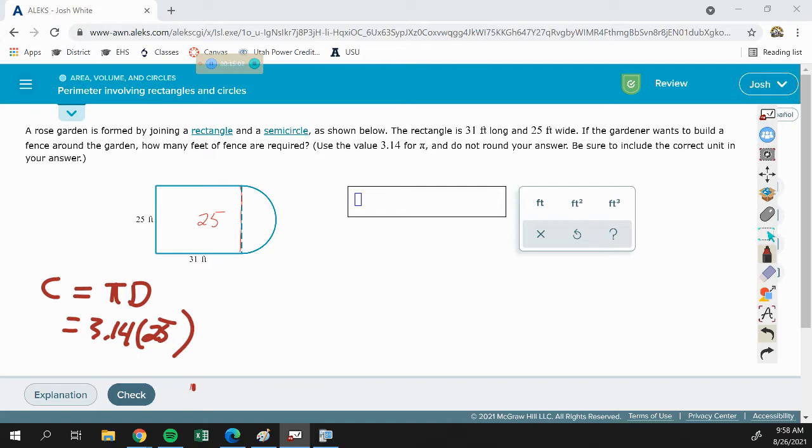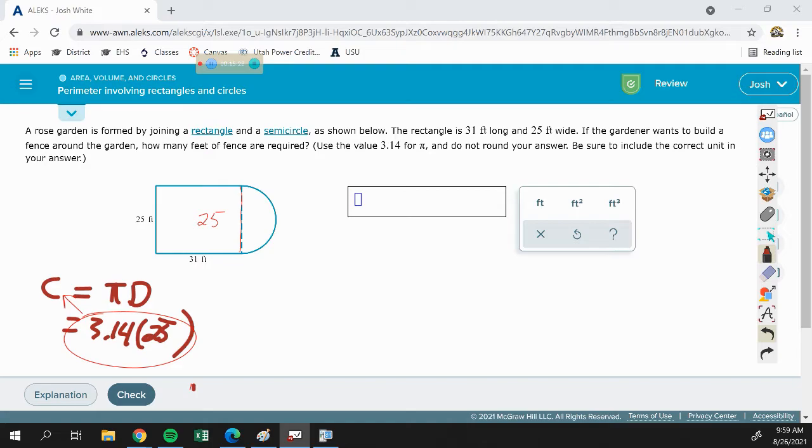But this number is, well, it's wrong. Why? This right here is the circumference, which is the entire distance traveled around the edge of a circle.